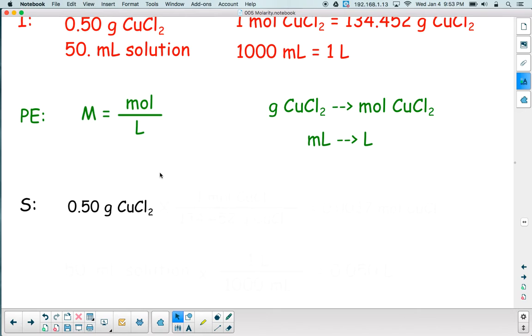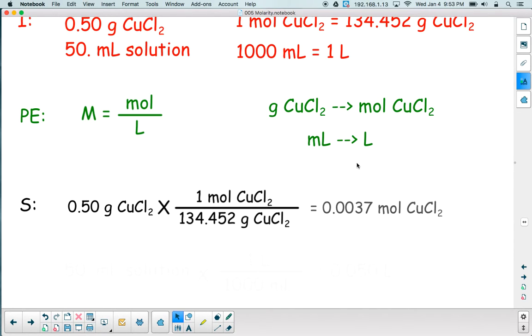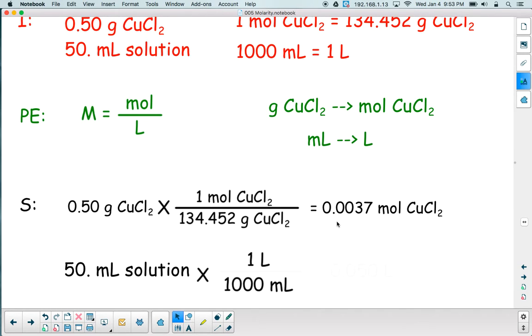So we'll start with our 0.50 grams of copper(II) chloride, and we'll use our normal grams to moles conversion. Keeping two significant figures, I figure out that I have 0.0037 moles of copper(II) chloride. Then we'll take the 50 milliliters of solution, use our conversion factor between milliliters and liters, and determine that we have 0.050 liters of solution.